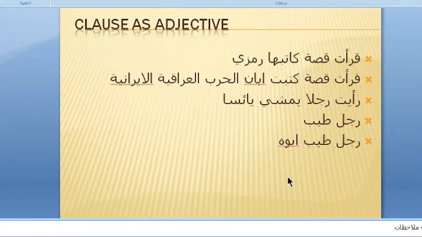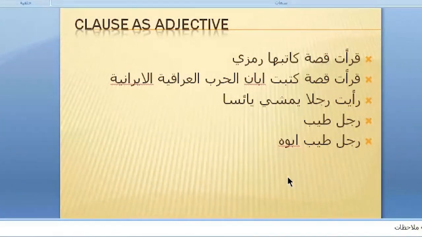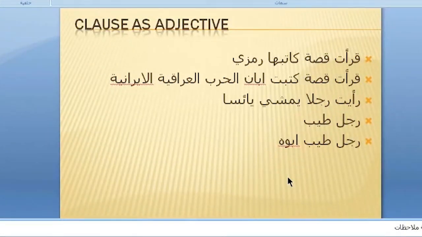So it is better من الأفضل to use an adjectival clause. كاتبها طبعا الهاء تملكية يقصد كاتب القصة. فيا ضمير وصل يشتغل تملك باللغة الإنجليزية طبعا هو الـ whose, WHOSE. لذلك من الأفضل أن نقول I read a story whose writer يعني التي كاتبها is Ramzi.